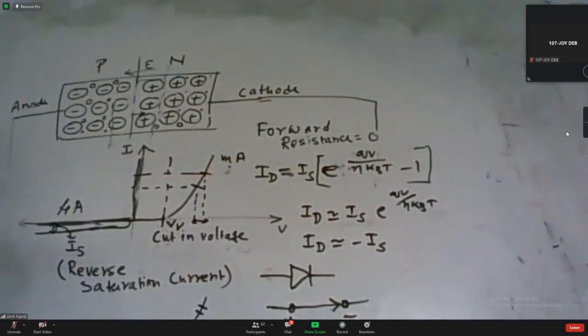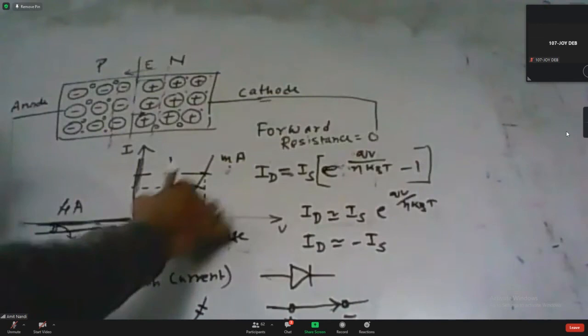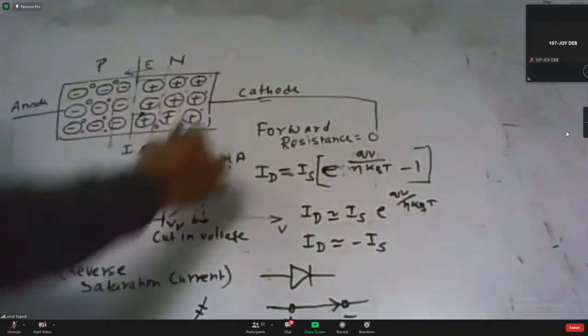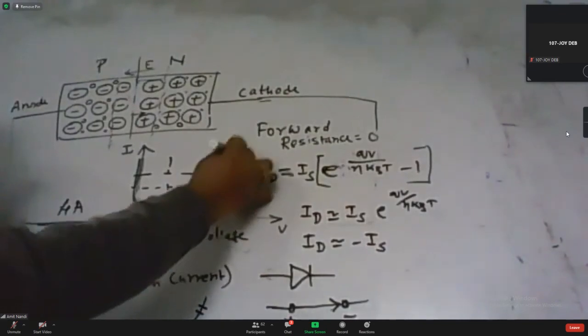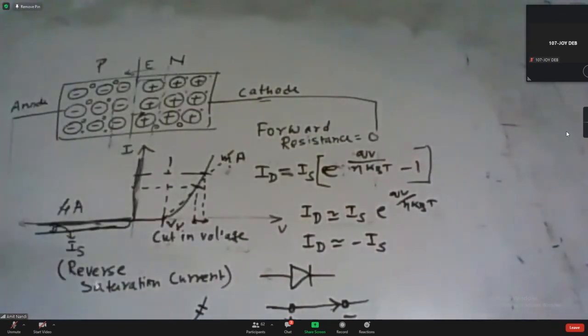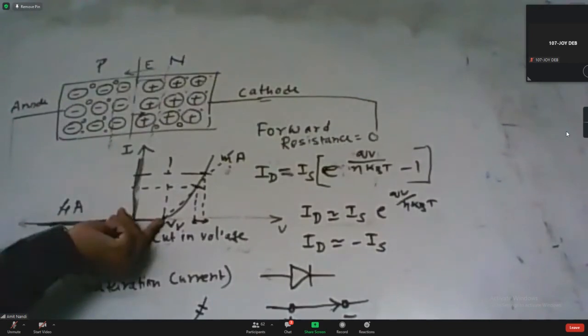And we can consider, say, this approximation: if we consider that region as a resistive region, then obviously the current linearly increases like this. This type of approximation is called piecewise linear approximation, because in this region the current is 0.